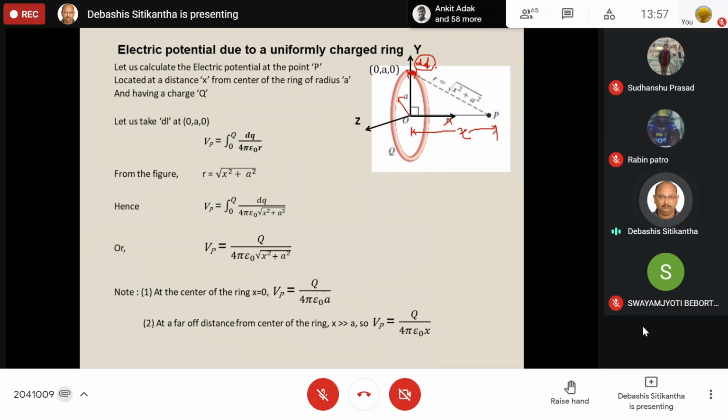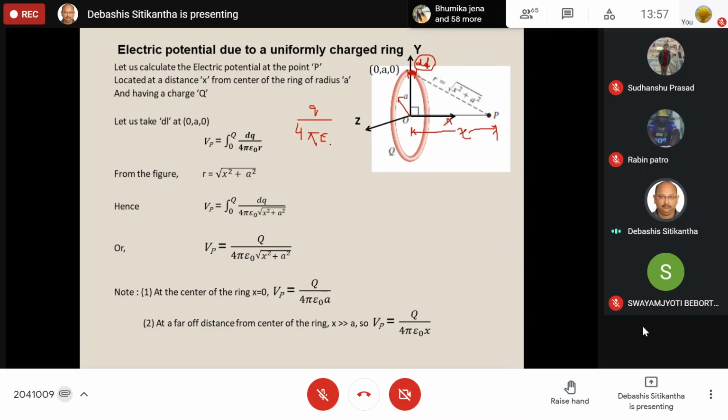So in this case, we will take this small portion as a very small length, and therefore we can consider it to be a point charge. So what is the formula for a point charge? Because of a point charge Q, the potential at the point P at a distance r is given by Q by 4 pi epsilon 0 r. Yes or no?